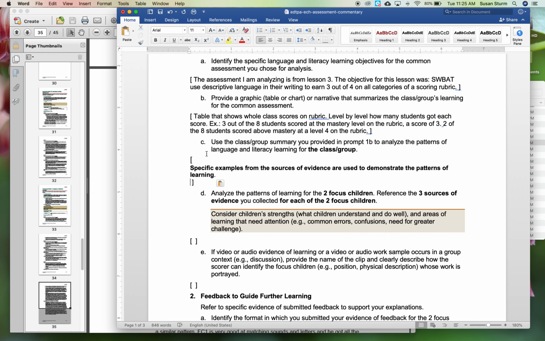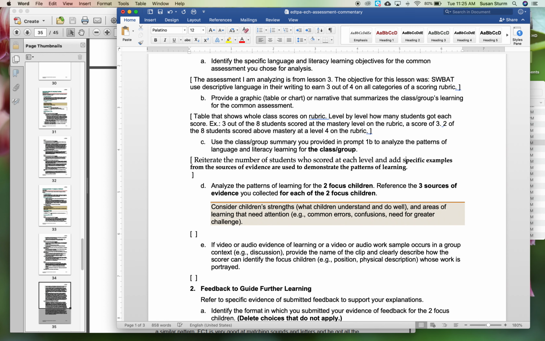So here is where you would write, reiterate the number of students who scored at each level, and add, I don't know what happened to my font here, sorry. Add specific examples from the sources of evidence to demonstrate the patterns of learning.